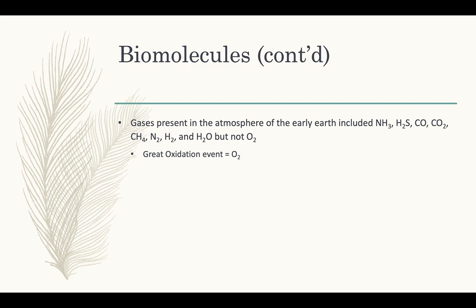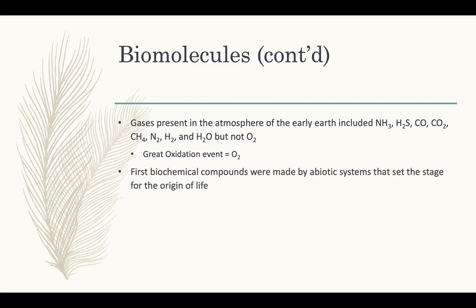They probably obtained carbon from carbon dioxide and obtained energy from hydrogen, likely generated from hydrogen sulfide reacting with UV light. Experiments have demonstrated that the first biomolecules, such as proteins and nucleic acids, could have arisen under abiotic conditions, setting the stage for the origin of life.